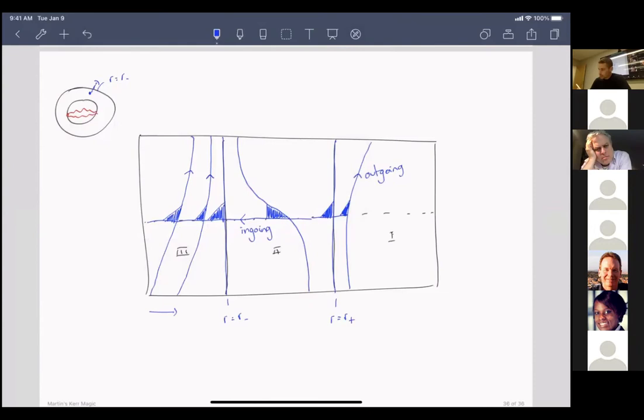You see, these null geodesics are arbitrarily close to r equals r minus, so they're really, really close to here, and they're being sent outgoing, right? They're being sent away from the ring, and yet because of the way that the light cones are organized at this point, they never actually make it to r equals r minus.